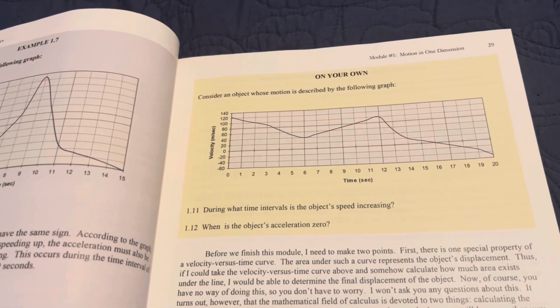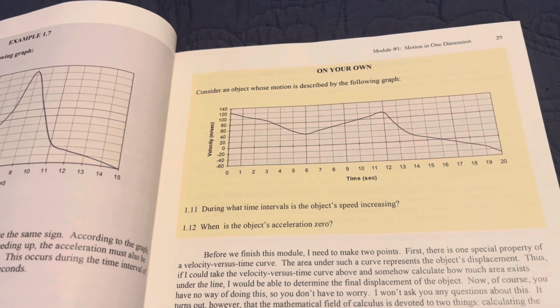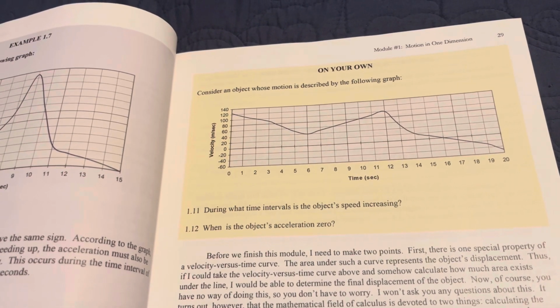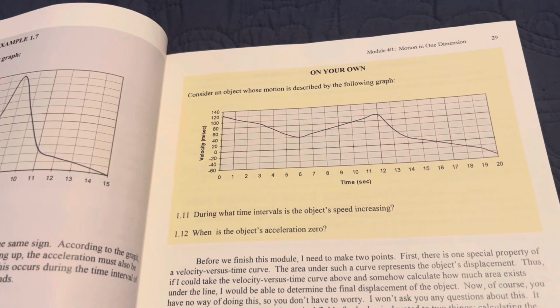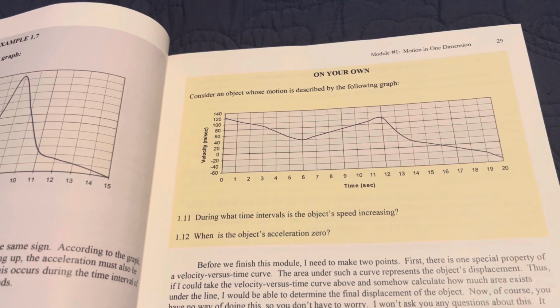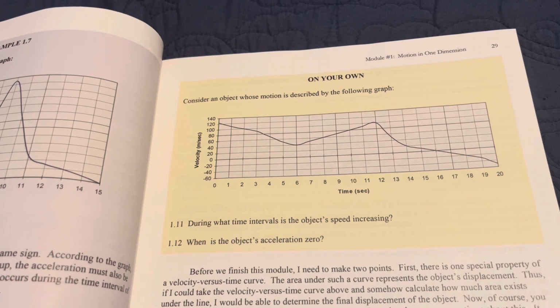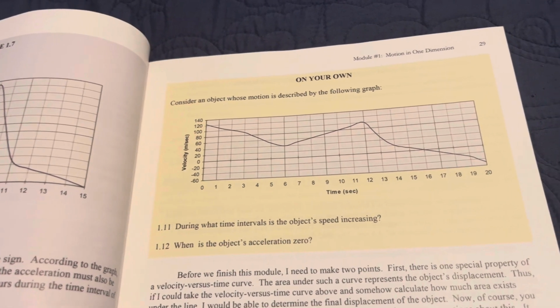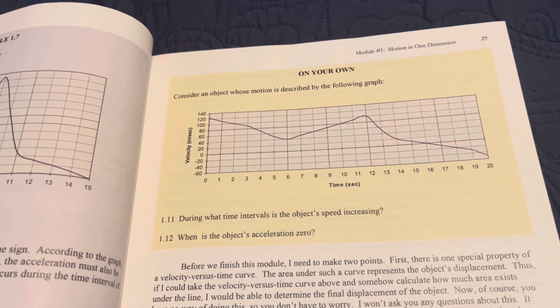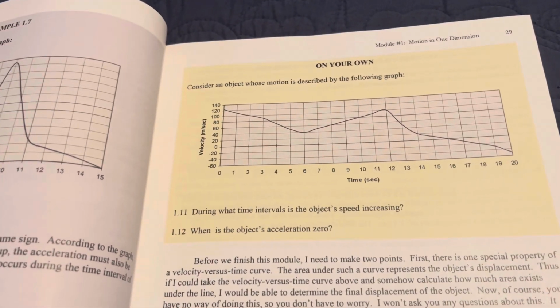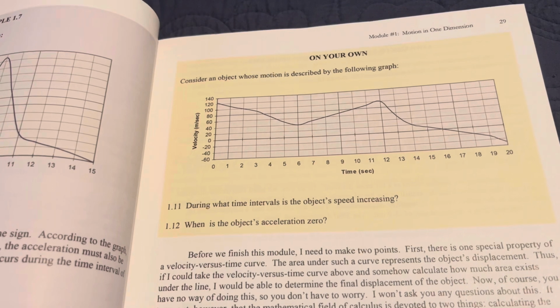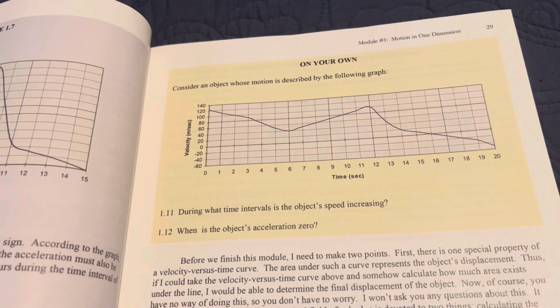Okay, it says, during what time intervals is the object speed increasing? And this is a velocity versus time graph, okay? So the slope on a velocity versus time graph is going to be your acceleration. All right, so remember that an object is speeding up whenever the velocity and the acceleration have the same sign, right?